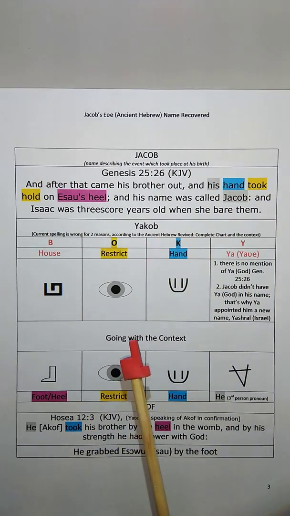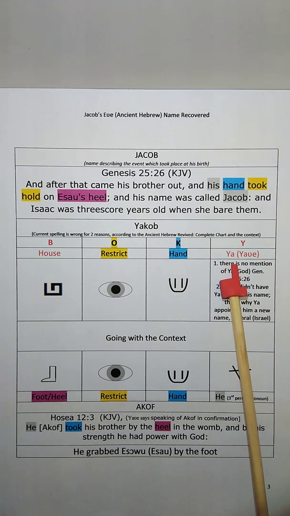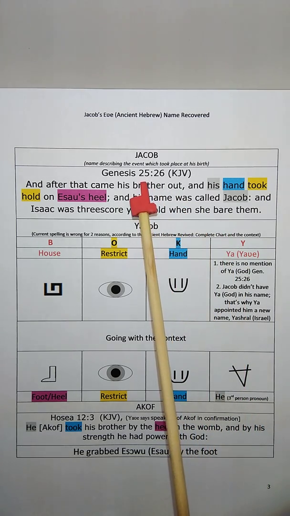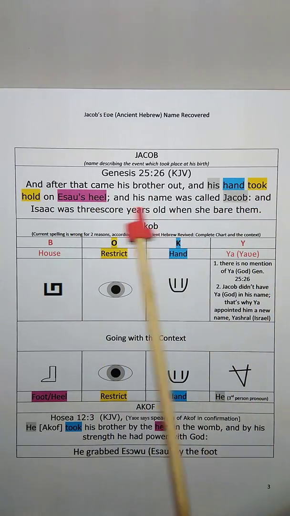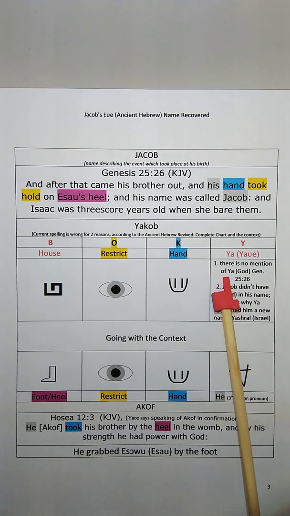And what do I mean by that? Okay, if we take the Yah in the ancient Hebrew, it is short for Yahweh, or the wind. So notice that in Genesis 25, verse 26, there is no mention of Yah or Yahweh in Jacob. Okay, that's the first thing.